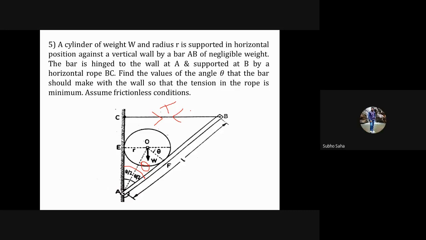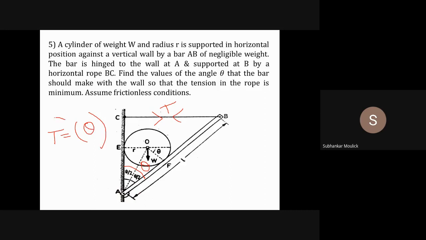Yes, sir. Is it clear? So what I need to do is that first of all, I need to find out the value of tension T in terms of theta.